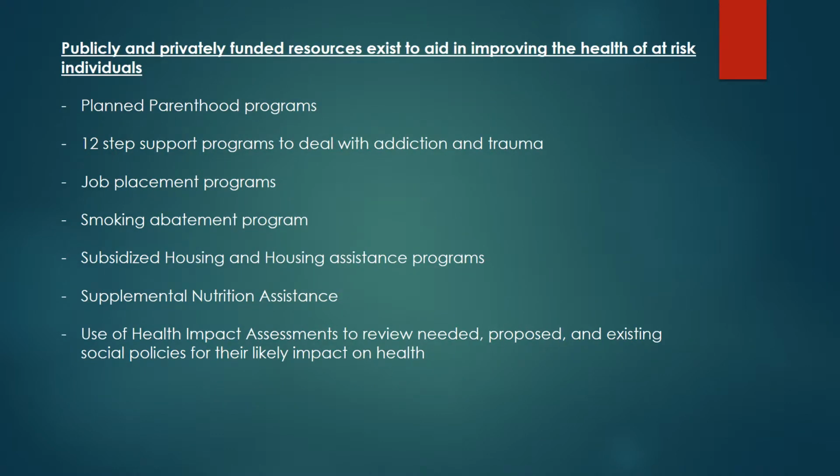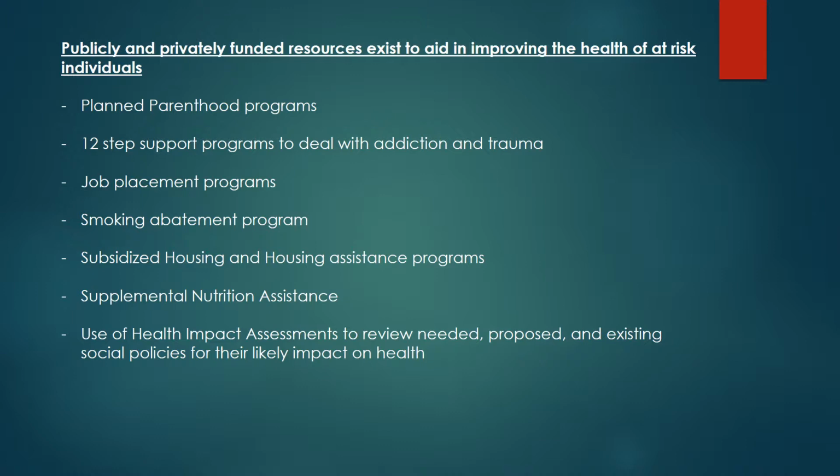There are many resources, both publicly and privately funded, that exist to aid in improving the health of at-risk individuals. Planned Parenthood tends to sponsor programs that control unwanted pregnancy. 12-step support programs often deal with physical trauma and addiction.